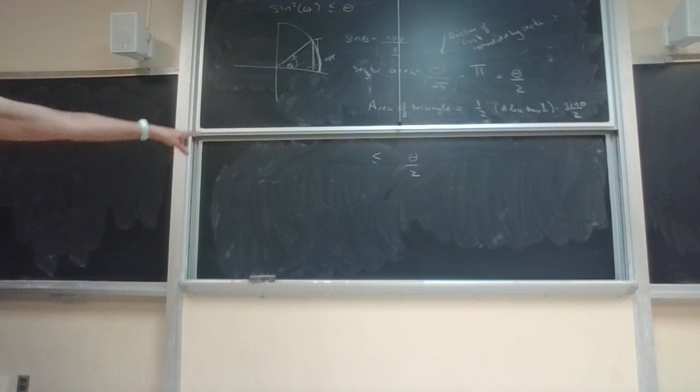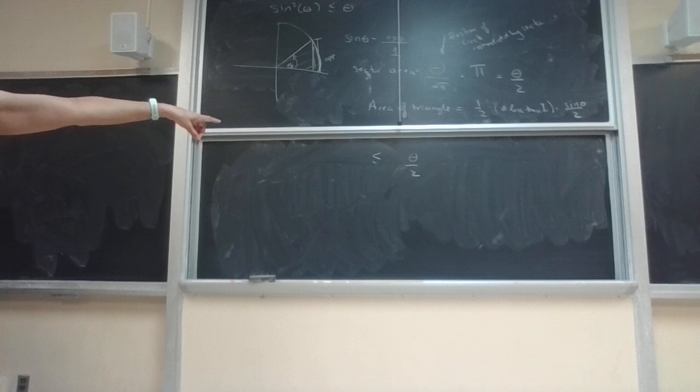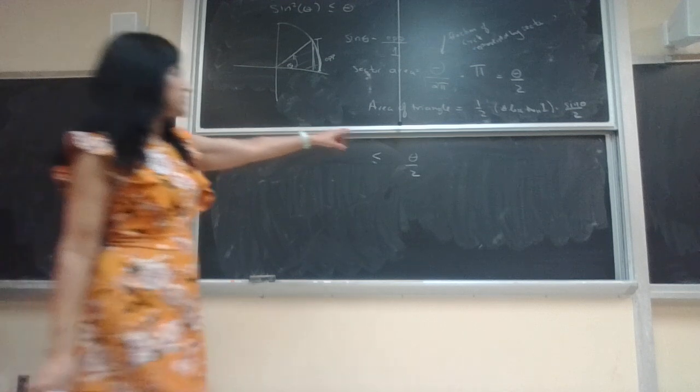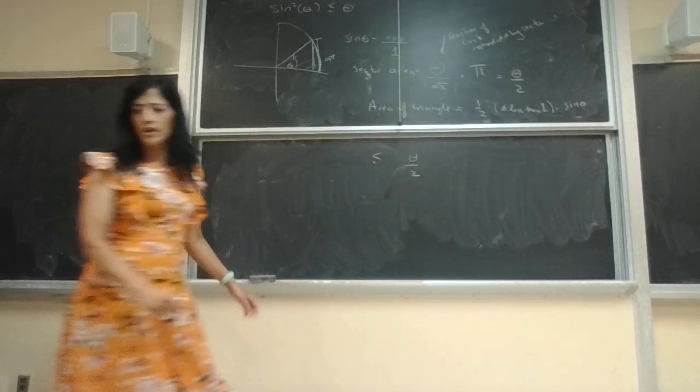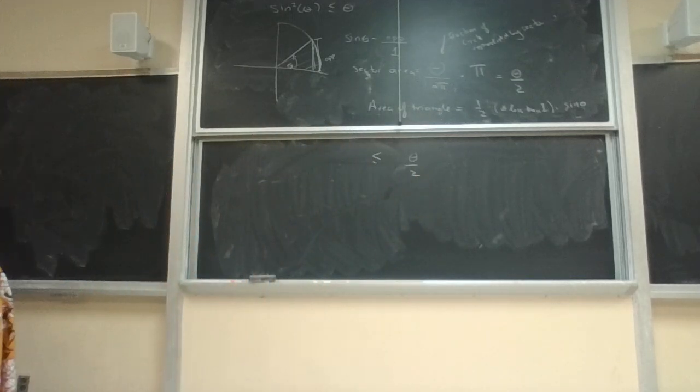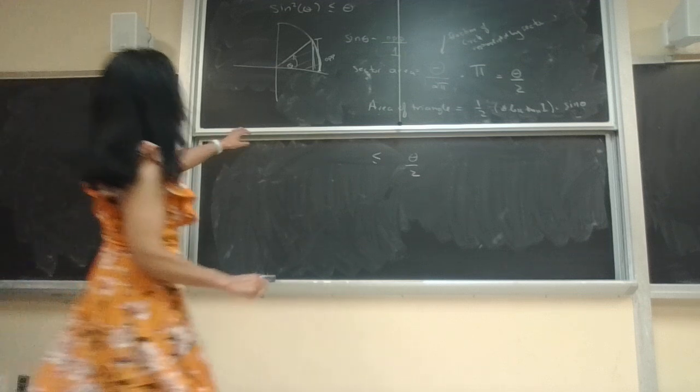Yeah, because the area of the triangle is 1/2 base times height. So I get a 1/2 here. Oh no, I don't think here. I somehow wanted to replace this with a 1. Oh, I know why I did that. I know what I did.